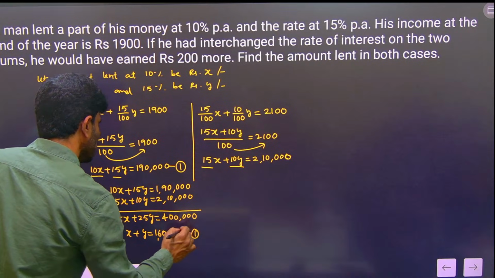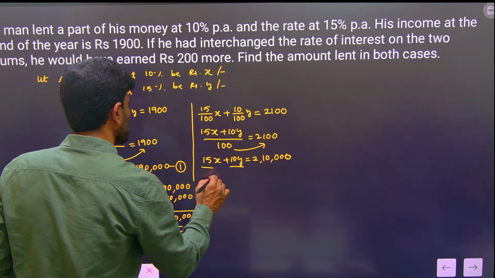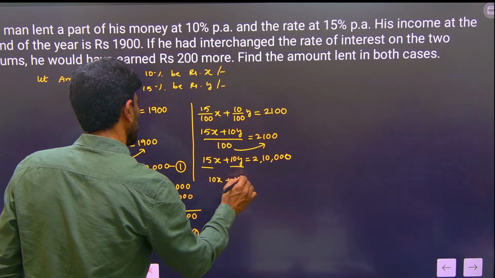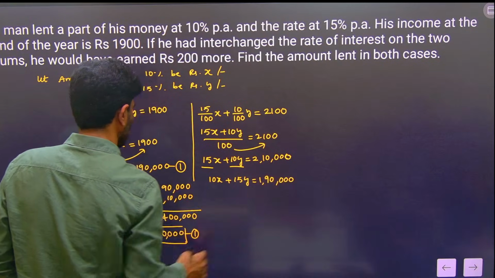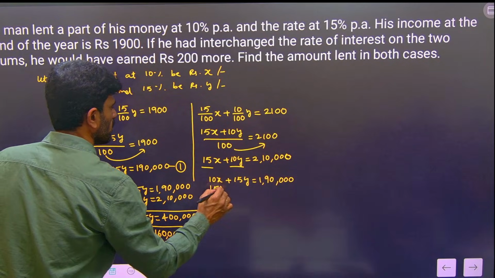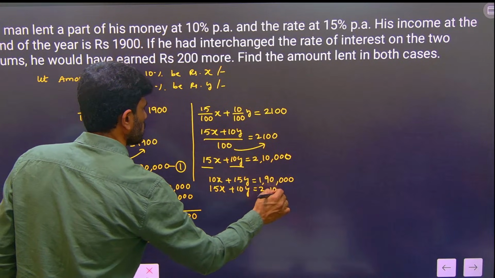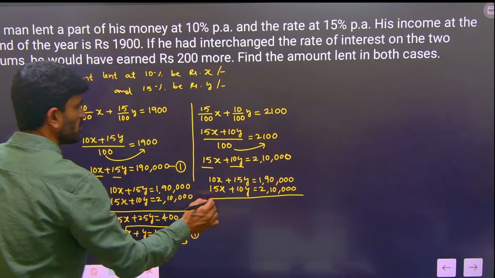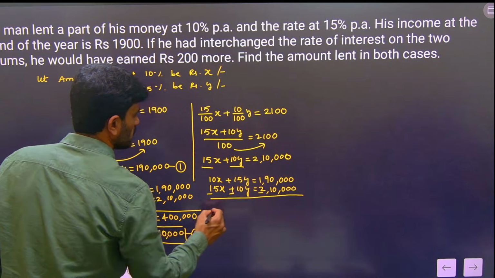This is equation 1. If we subtract, what happens? 10x + 15y = 1,90,000. Another one, 15x + 10y = 2,10,000. You should be careful about simplification in this. Minus, minus, minus.